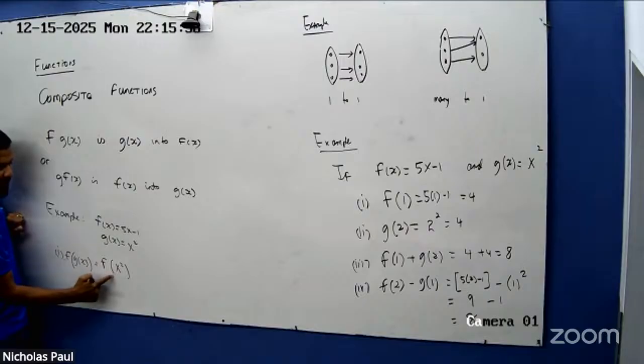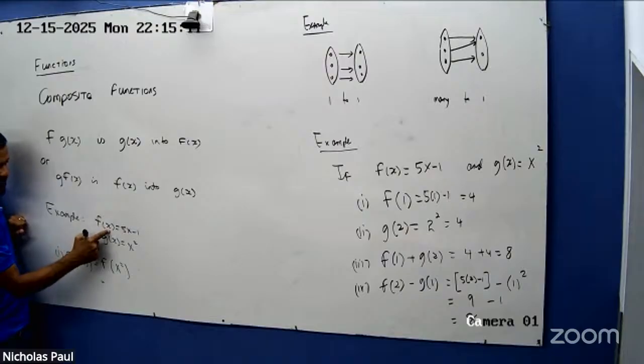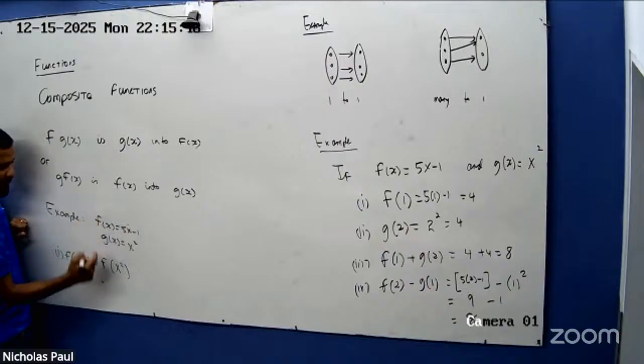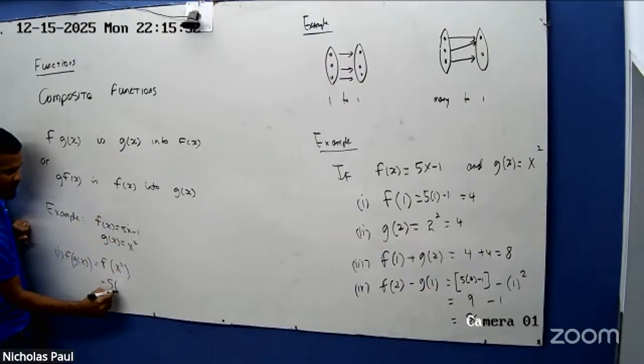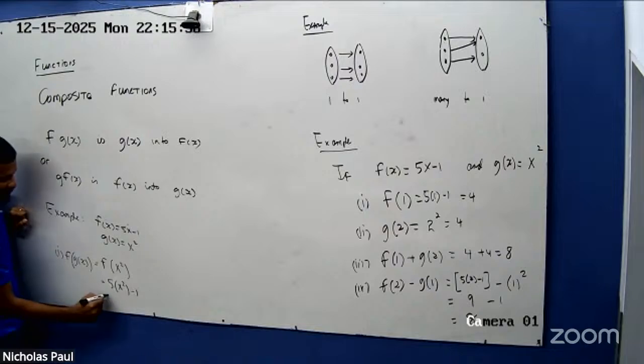So what that means now is that x squared has to go into f, or wherever I have x, I put in x squared now. So f of x squared means 5 by x squared minus 1. So your final answer is 5x squared minus 1.